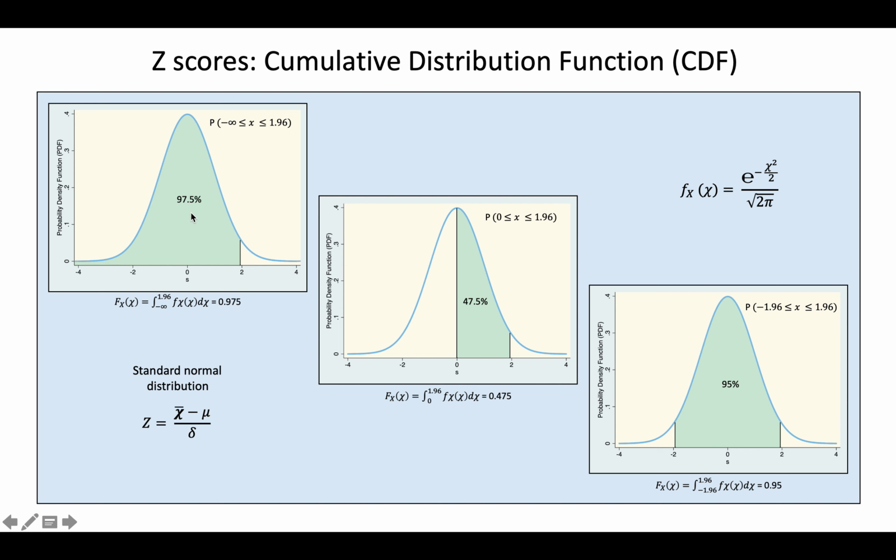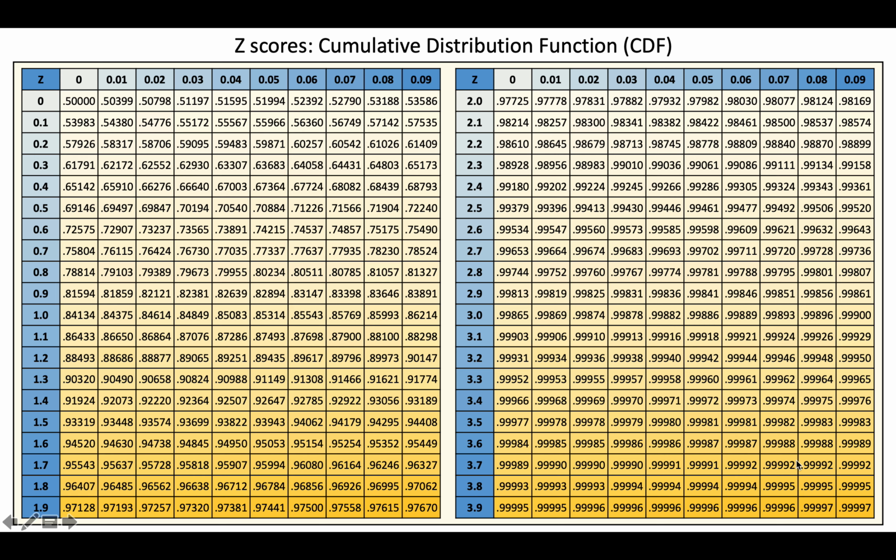So we can subtract this 50%, and then we can say that 47.5% of the curve is represented by this green area. And if 47.5% is this area, then 95%, which is 47.5 times 2, is represented by this area. And this is why the 5% is represented by 2.5% here and 2.5% here. And this is the way we have to interpret the Z-score.